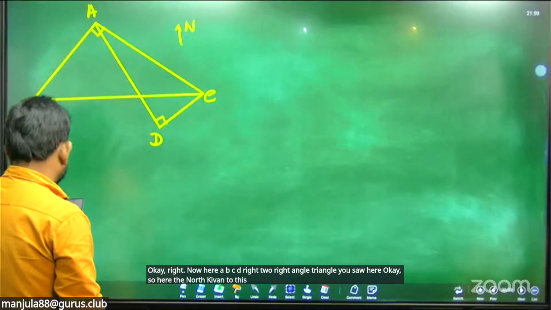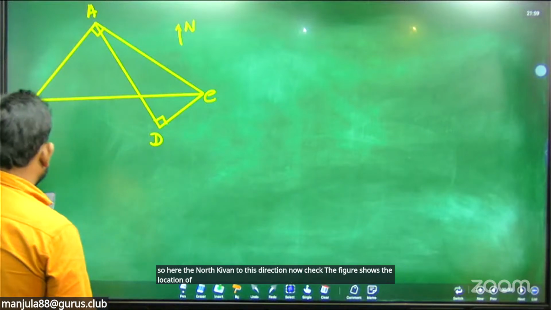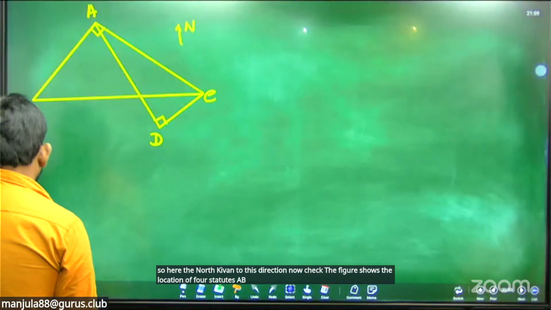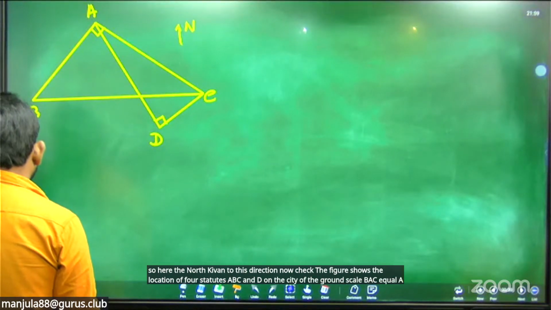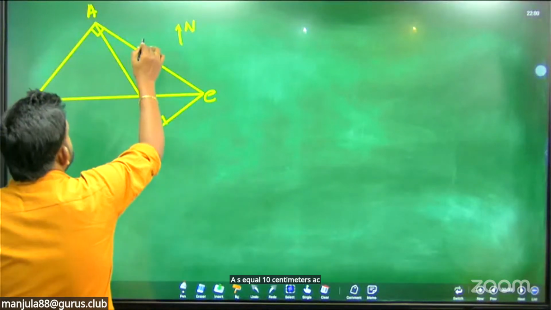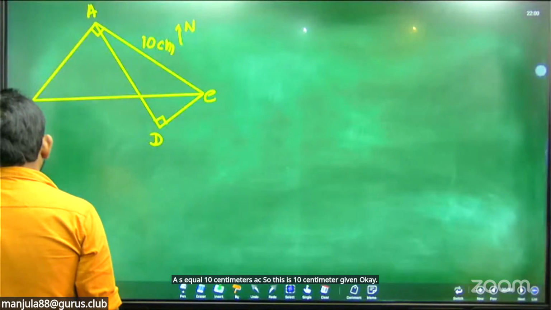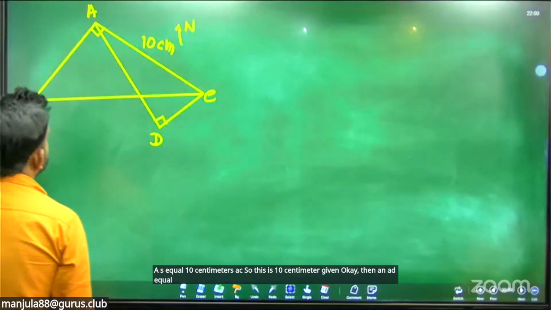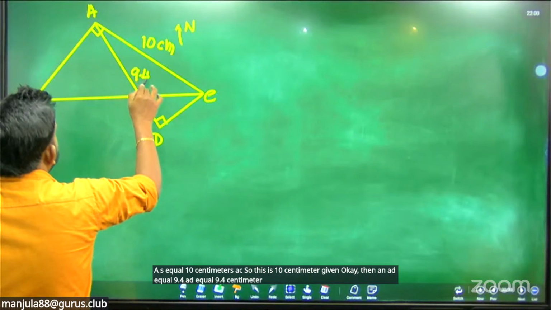Now check. The figure shows the location of 4 statues A, B, C, and D on the ground, to scale. BAC equal ADC equal 90 degrees. AC equal 10 centimeters. So this is 10 centimeters given. Then AD equal 9.4 centimeters.